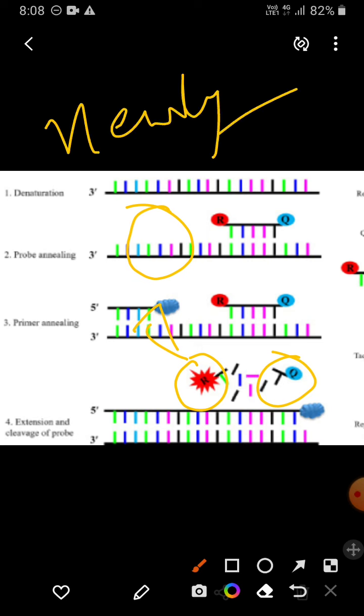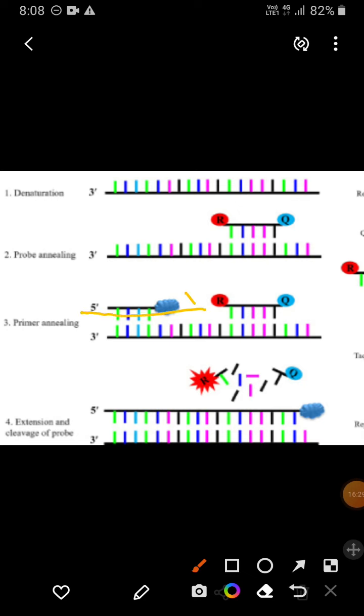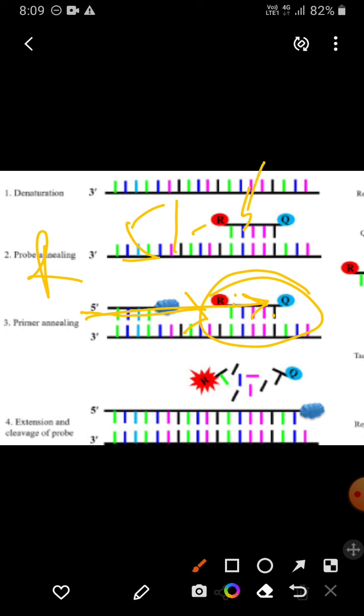Not only does it tell us about the generation of the newly synthesized strand, but it also ensures that our gene of interest is being amplified, because by cleaving the probe, that is our complex of fluorescent probe or TaqMan probe, with the 5' to 3' exonuclease activity of the Taq polymerase, it is also able to complete its extension.